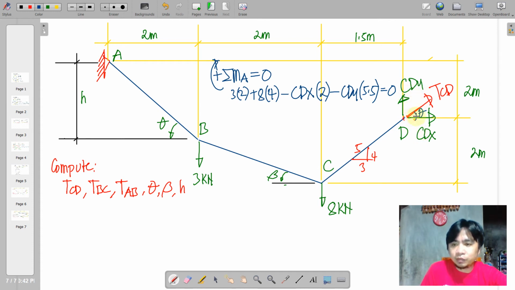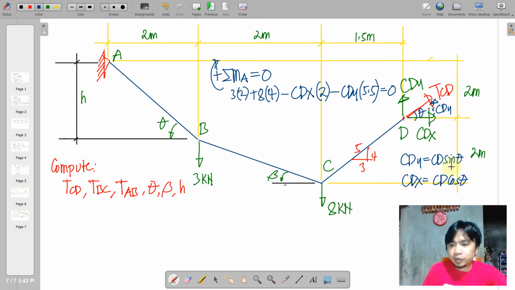As we can see, if this is our angle theta, CDY is opposite the angle theta because this is projected on this triangle here that is opposite. So if we have an opposite component, we'll just use the sine function. CDY is equal to CD times sine theta and CDX is CD times cosine theta.